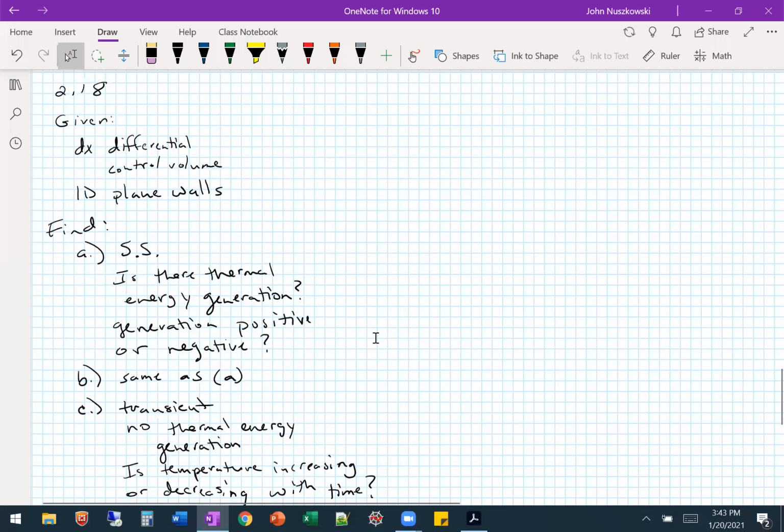All right, so now we got a bunch of schematics to draw.